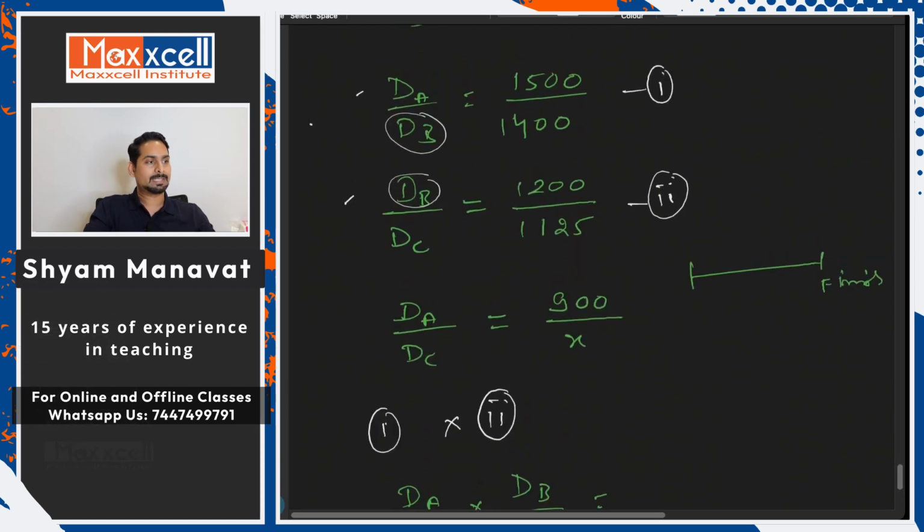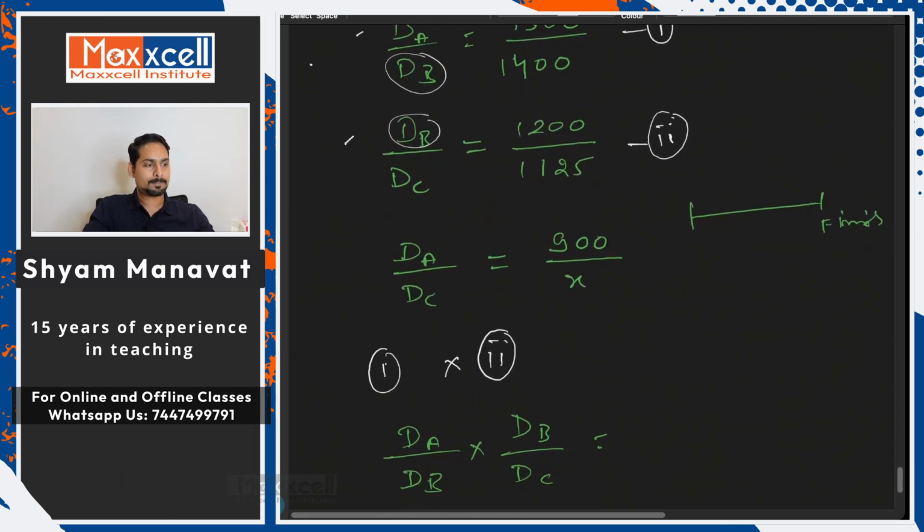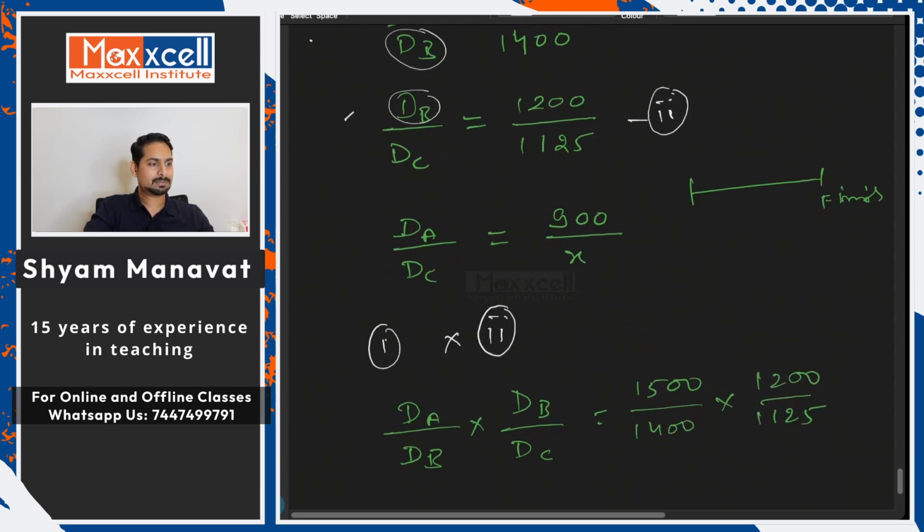Okay, left hand side is product, right hand side product will be 1500 by 1400. Okay, we can cancel zeros. 1200 by 1125. Yeah, as I said, we can cancel zeros.